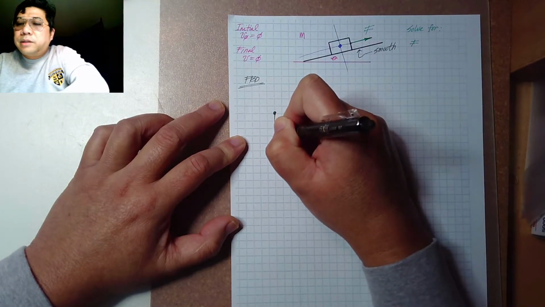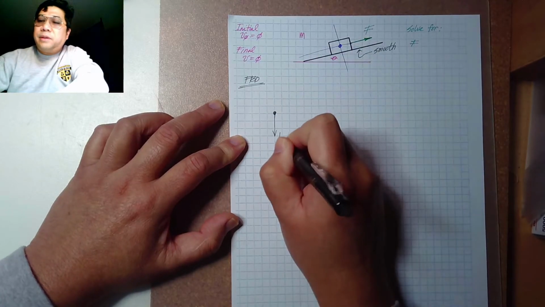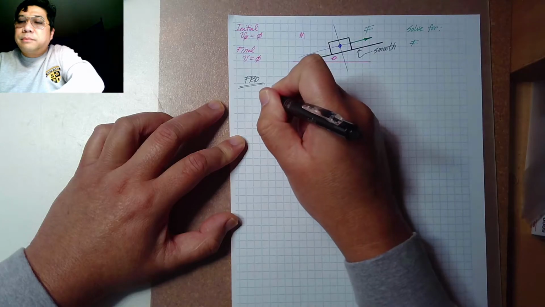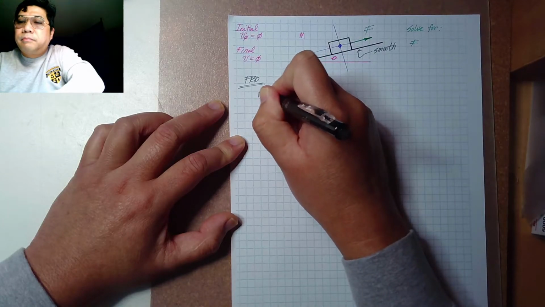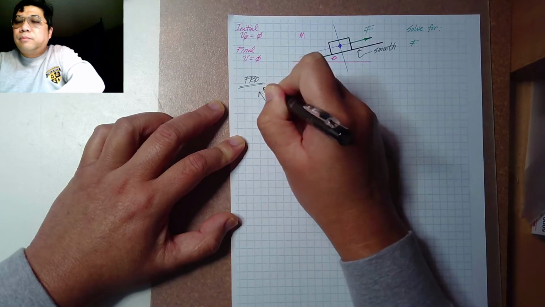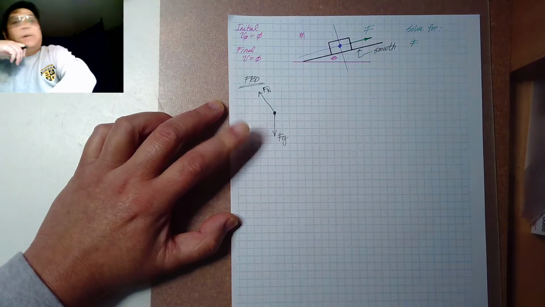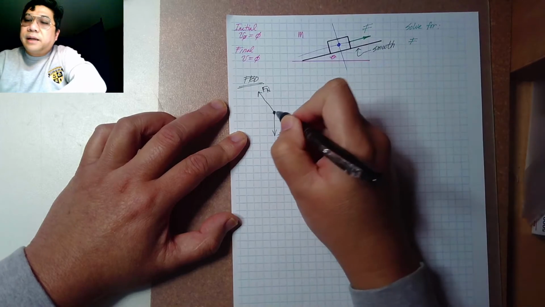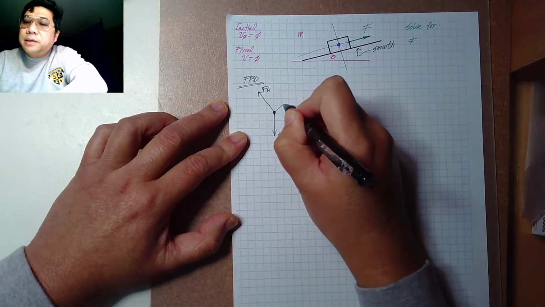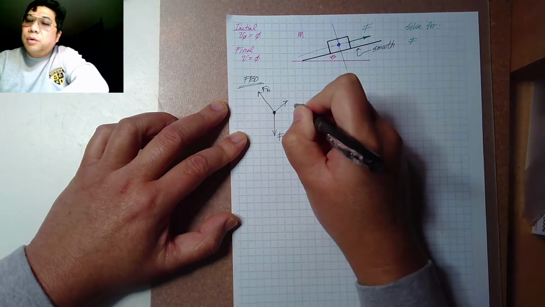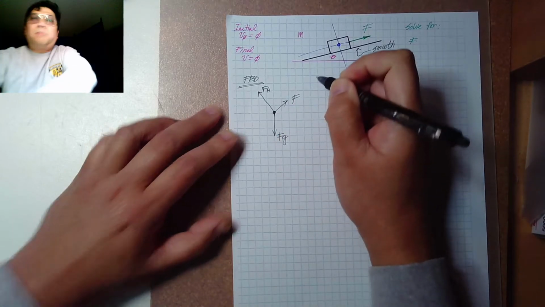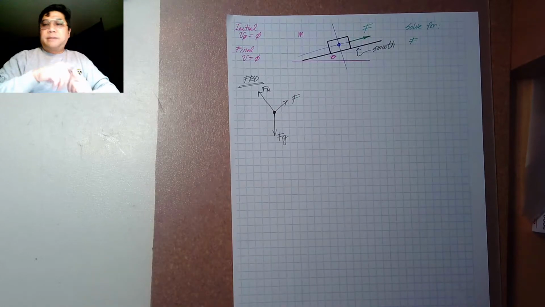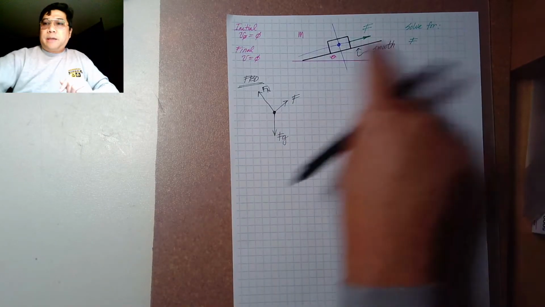We have our force of gravity or weight, we have our normal force, Fn, and then since there's no friction, the only other force acting is our applied force F, which is along the x-axis.